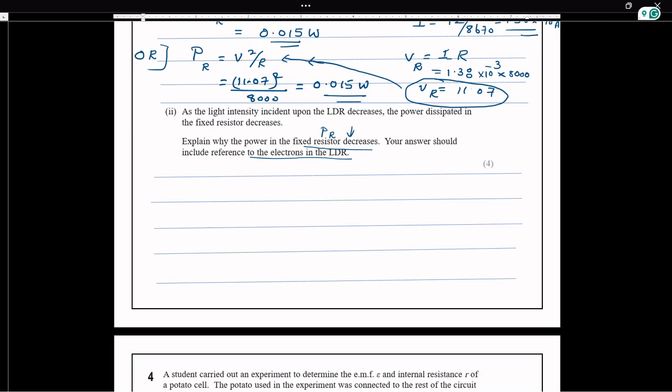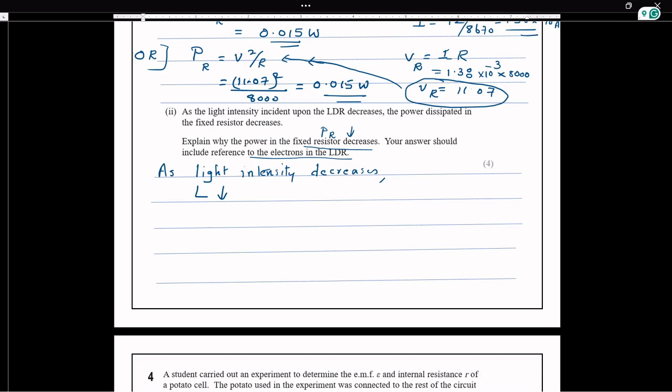You know, LDR is a light dependent resistor. So let's start with: as light intensity decreases. Light decreases means, so what's happening?